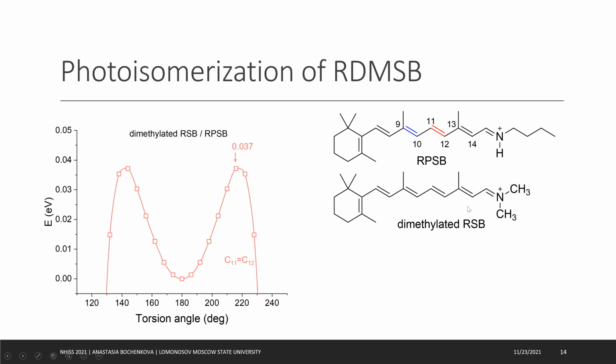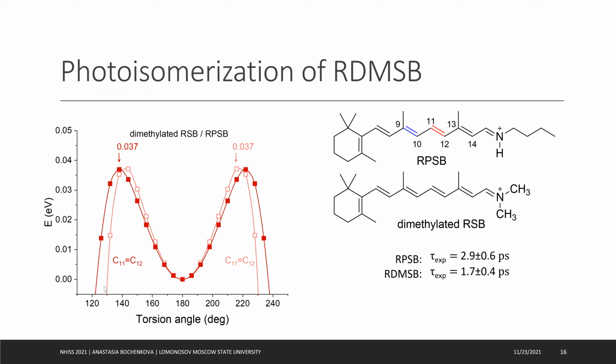And indeed, if we just calculate the potential that hinders intramolecular rotation, the potential looks pretty much the same as it was before. But experimentally, we see that the time scale for the demethylated Schiff base is reduced compared to the normal retinol.